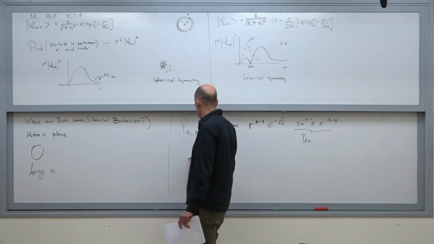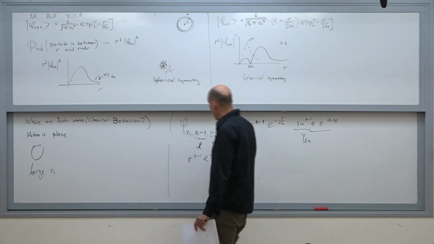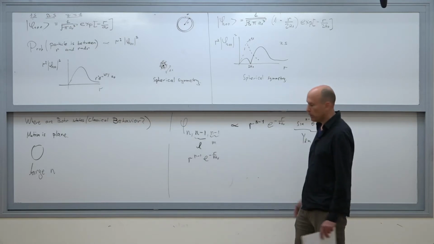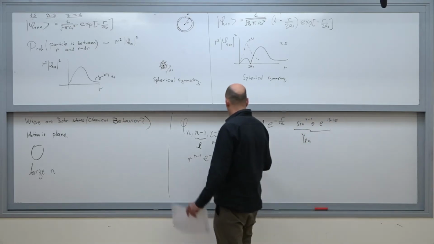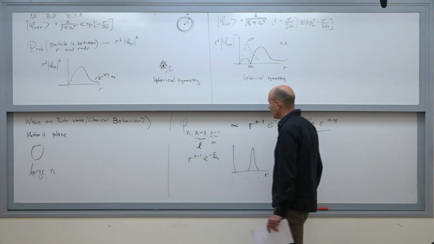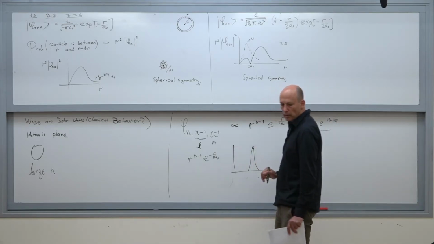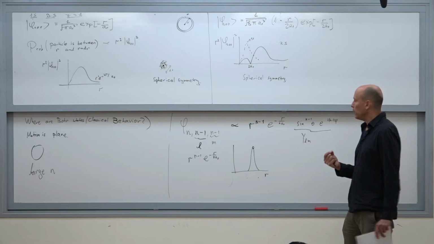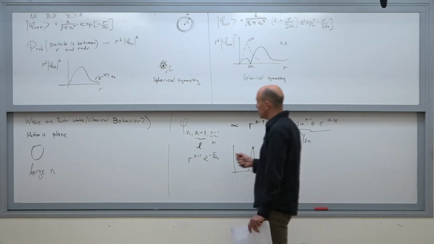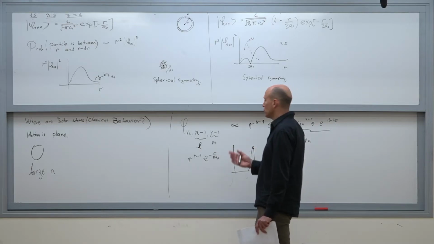This function r^(n-1) e^(-r/(n a0)), when n is big, n is 3 billion or something, as a function of r will look very peaked. And this peak will correspond to the distance with this particular angular momentum from the origin.